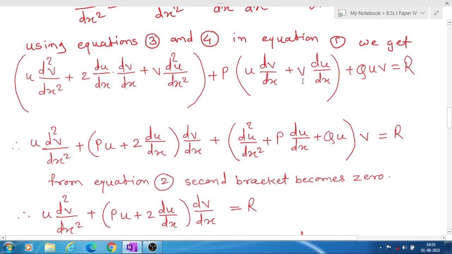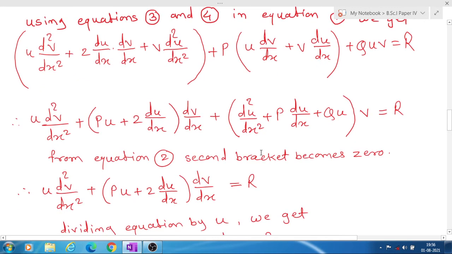So we take v common, so here remains p into du by dx plus from this term v is common, so remains only q into u. So taking v common, these are the terms remains in bracket d2u by dx square plus p into du by dx plus q into u.